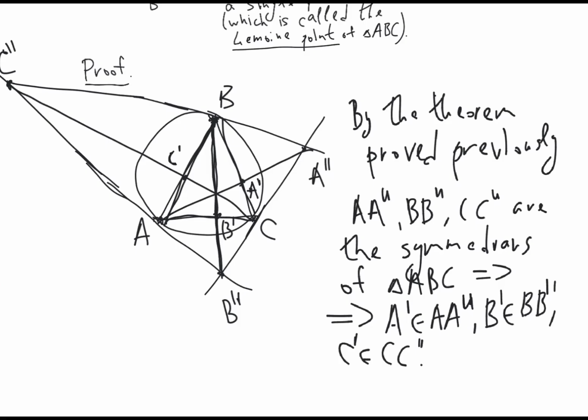Now we simply observe that in this large triangle, the tangential triangle, these segments A2 prime, B2 prime, and C2 prime are the segments connecting the vertices with the tangency points of the incircle with the sides, right?